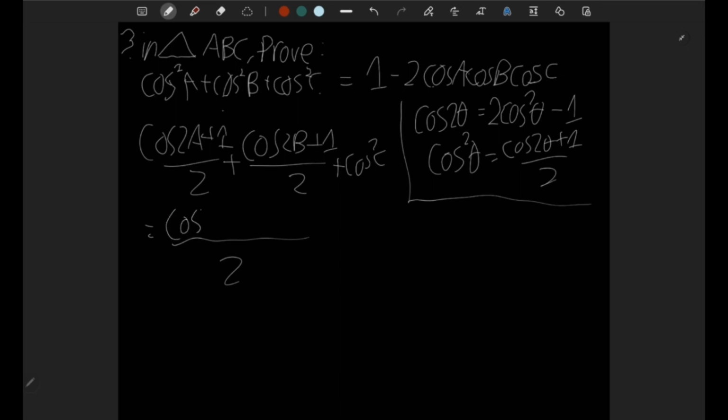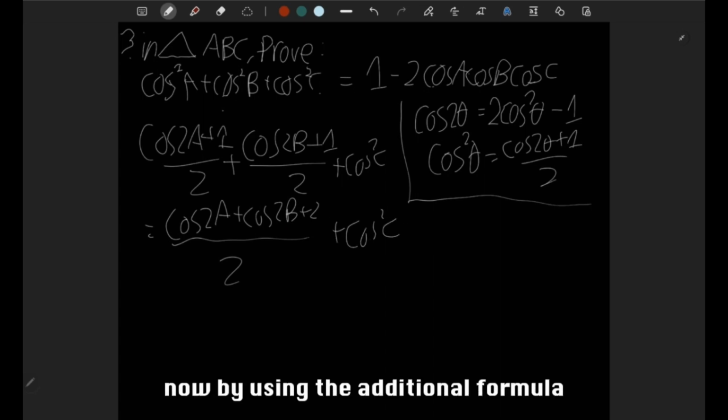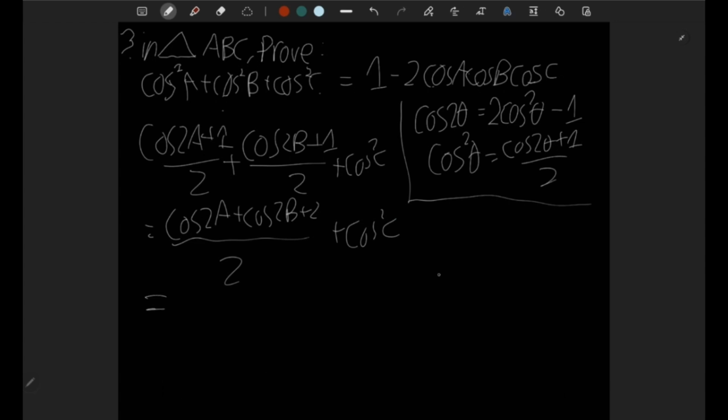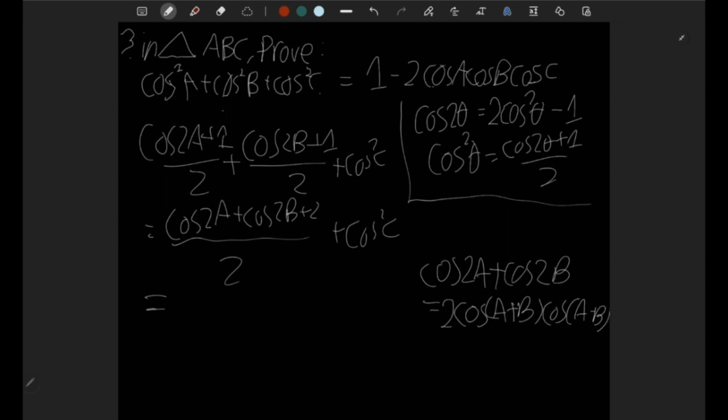We'll get cos 2A plus cos 2B plus 2, over 2, plus cos squared C. Now, by using the addition formula, you can get the fact that the sum would be 2 times cos (A plus B) cos (A minus B).